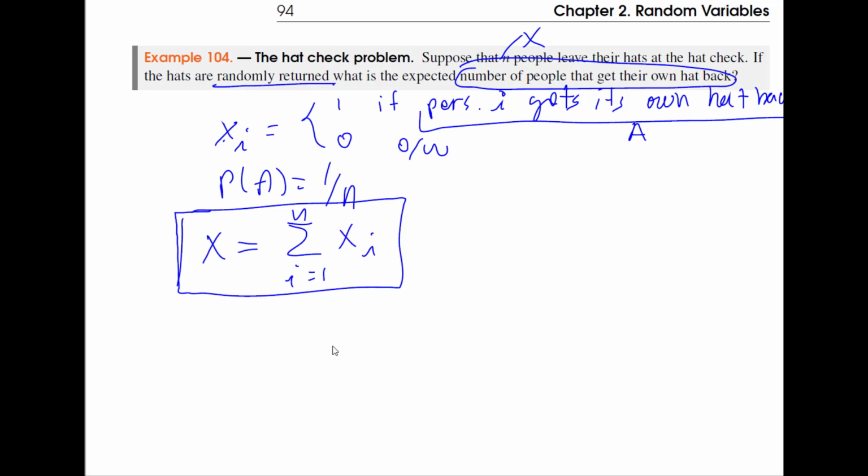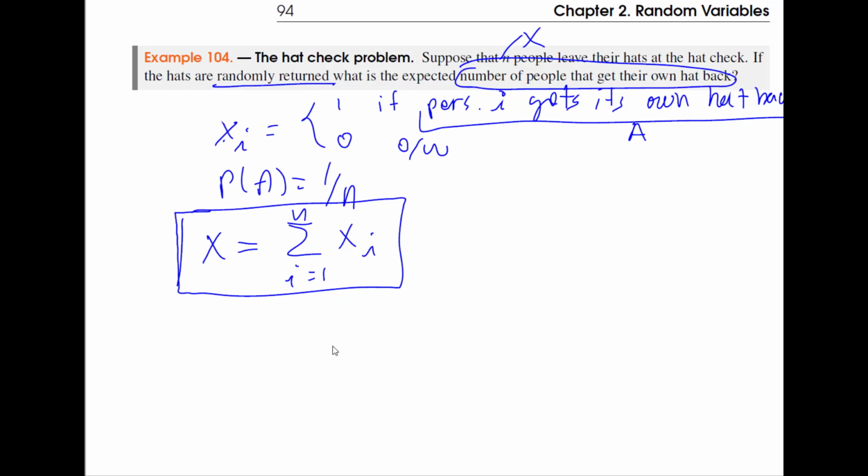So if you take the sum, it's going to give you how many people got their own hat back. That's the usefulness of these indicator random variables. First, the expected value is the probability. And second, when you sum many of these, you get almost always the relevant variable for your problem.